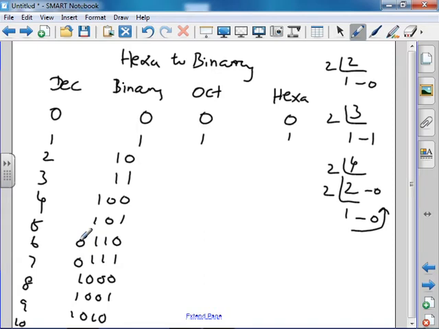Adding zeros in front to make it a 4-bit number gives 4 digits. These are called leading zeros. Octal numbers go up to 7.